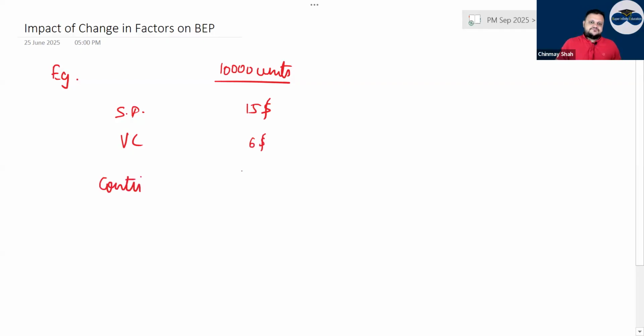How much is contribution then? $9. Fixed cost, take it $60,000. Correct. Therefore, can you directly tell me BEP units?